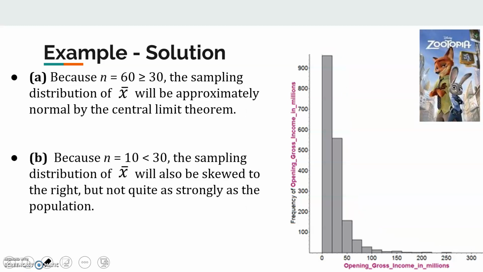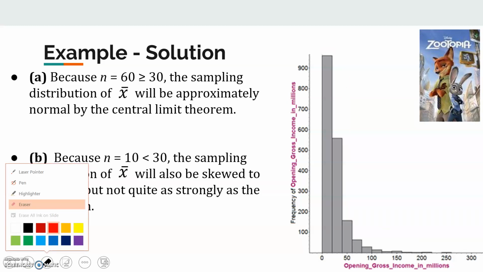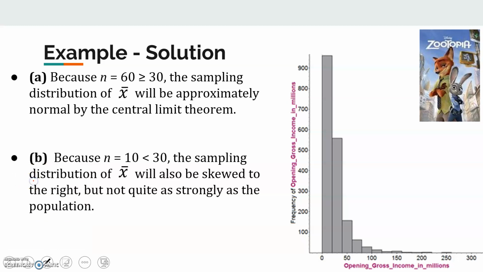Now remember, the central limit theorem, very, very important. The central limit theorem tells us that once n is larger than or equal to 30, our sampling distribution will be approximately normal. So this refers to the shape, and it will be approximately normal. Now in this second problem, n is equal to 10, which is less than 30.